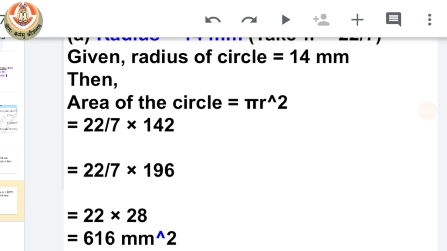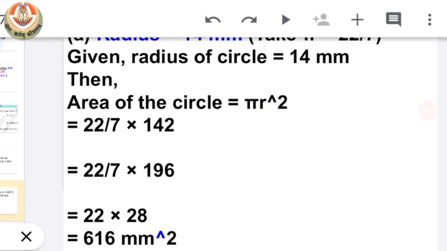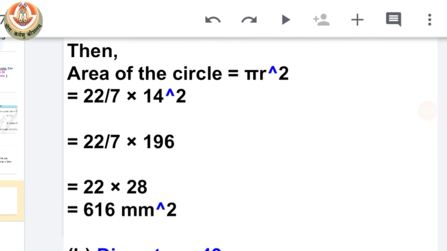So let's put the value for pi and then the radius. So it will be 22 by 7 in place of pi and 14 in place of radius. And then we have to find the square of the radius. So square of 14 will be 196.